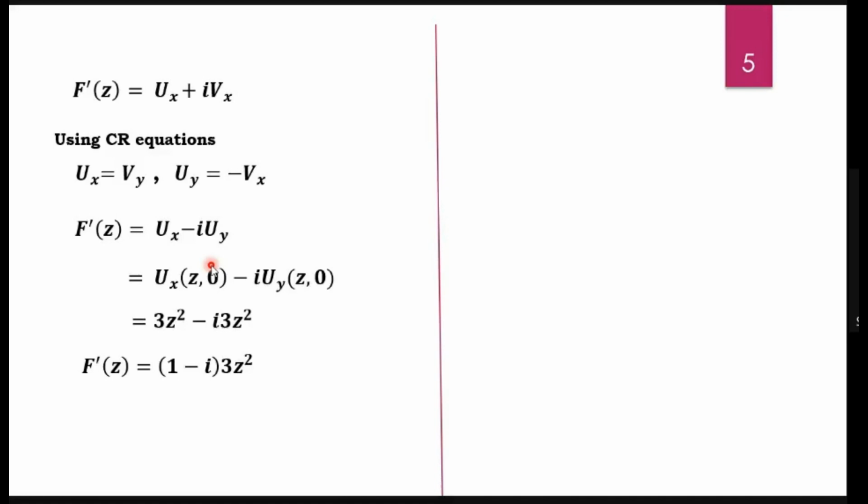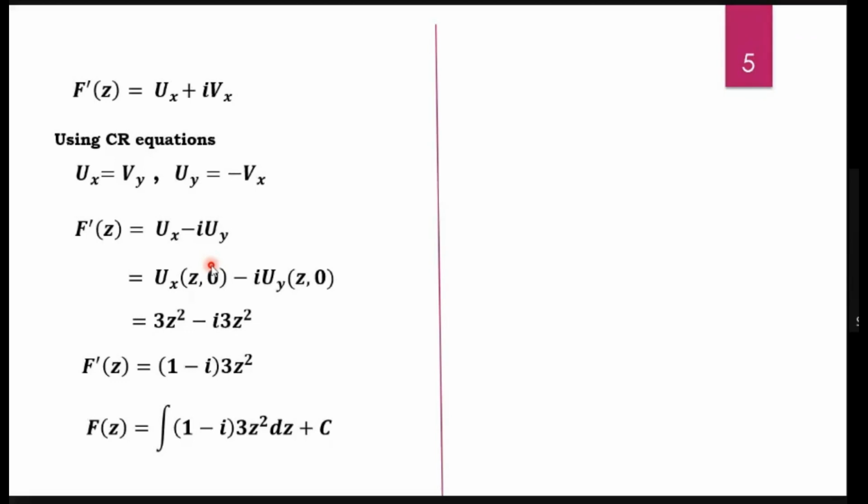So 1 minus I is, or 3z square is common. I can take 1 minus I into 3z square. Now this is capital F dash of z. So integrating capital F dash of z, I will get capital F of z is equal to 3z square का integration करना है, because 1 minus I is the constant. 3 into 1 minus I is the constant.